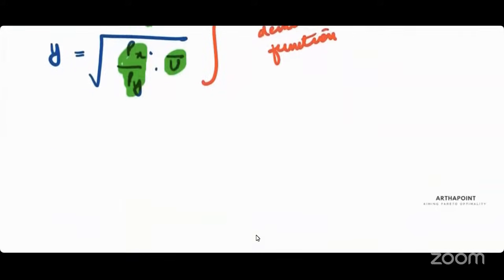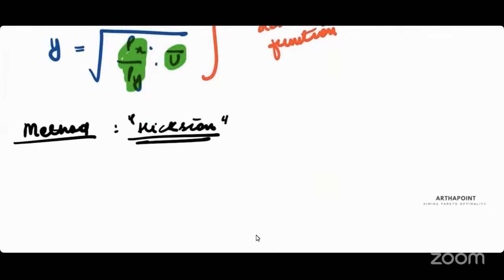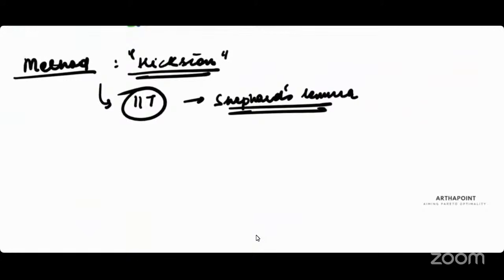Now, there is another method to get the Hicksian demand function. And we got a question on this in the IIT JAM exam of 2021. This is known as Shephard's lemma.